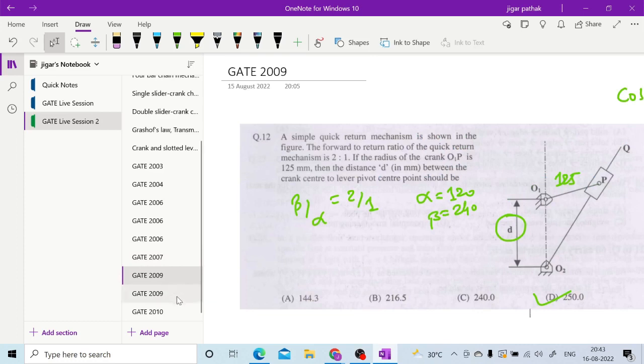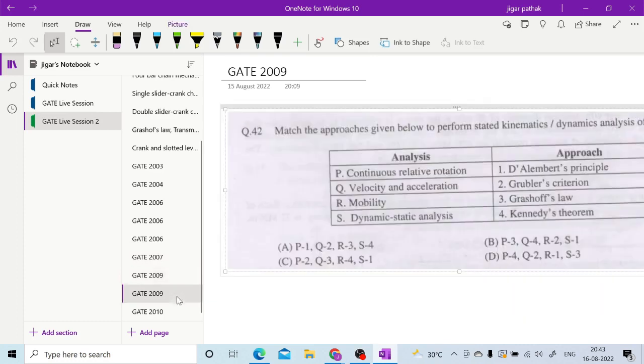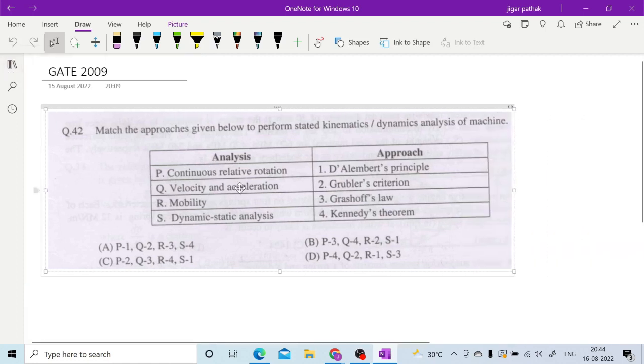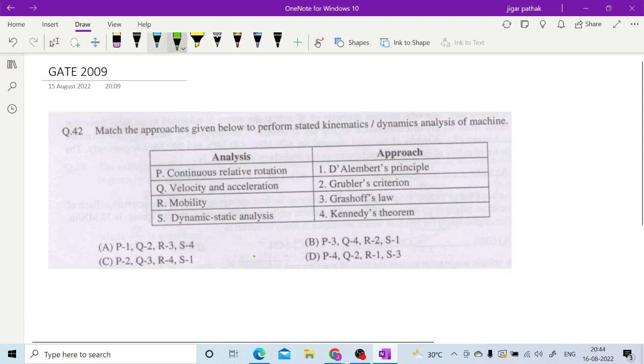This one also we have solved. After that, this one is again a very simple question on continuous relative motion. Can anyone try this one? Continuous relative motion we have seen just now. Which law states continuous relative motion?